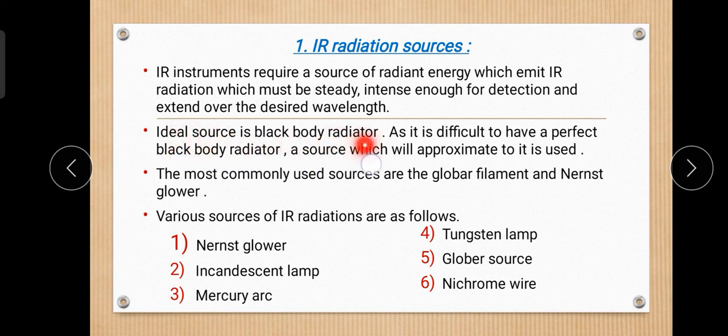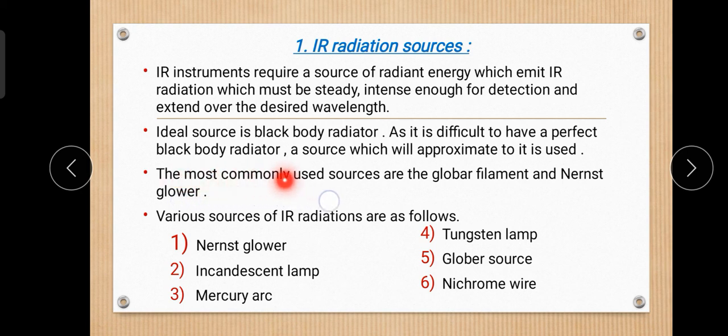The ideal source is a black body radiator, but as it is difficult to have a perfect black body radiator, a source which approximates it is used. That means the IR source is actually a black body emitter. The ideal source is the black body, but it is difficult to obtain a perfect one, so we use approximate sources, as mentioned below.